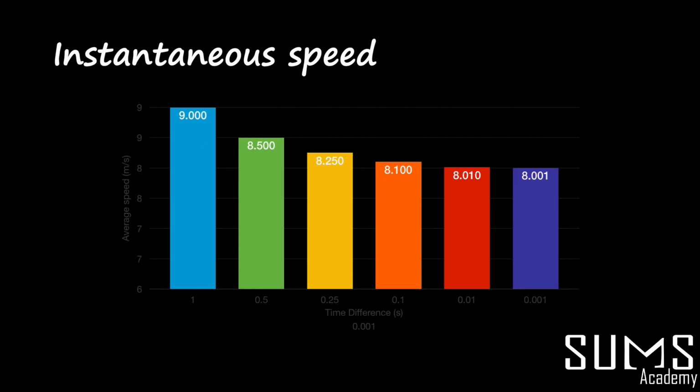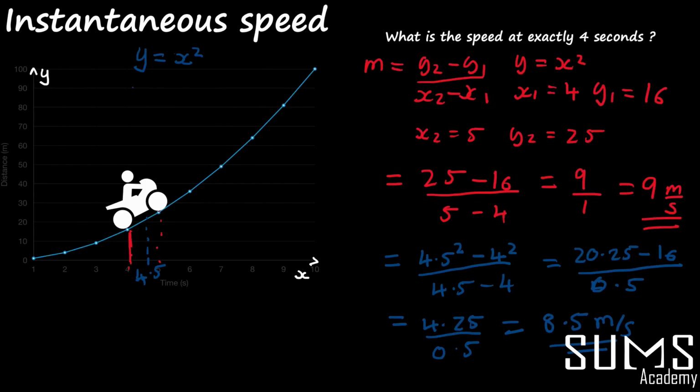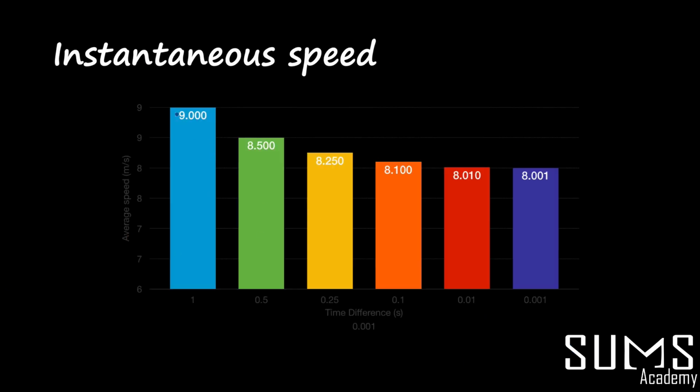If you make this distance so small, as it approaches 0, it's going to hit a constant value. No matter how much smaller it gets, it's not going to change much from 8. It's going to pretty much be that forever.